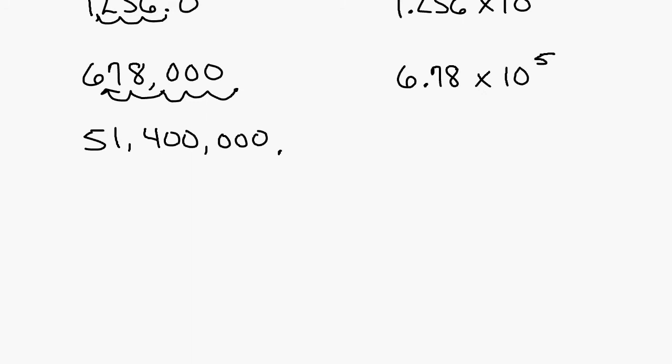In this case, we got to move 3, 6, 7 places. So we're going to make this 5.14. Your first number's got to be between 1 and 10. Times 10, and we moved it 7 places, so it's to the 7th power.